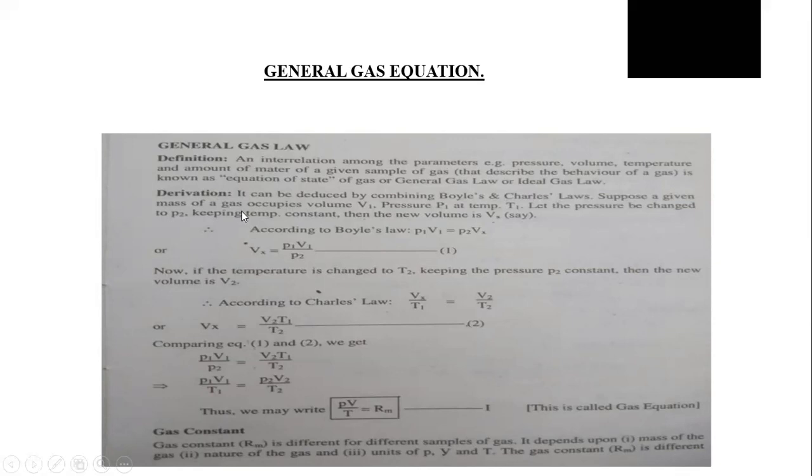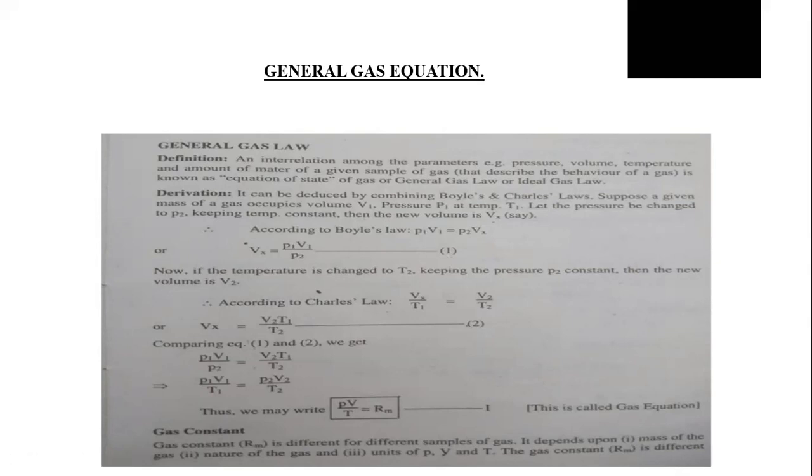Suppose a given mass of a gas occupies volume V1, pressure P1 at temperature T1. Let the pressure be changed to P2, keeping temperature constant. Then the new volume is Vx. According to Boyle's law, P1 V1 is equals to P2 Vx. So Vx is equals to P1 V1 over P2.